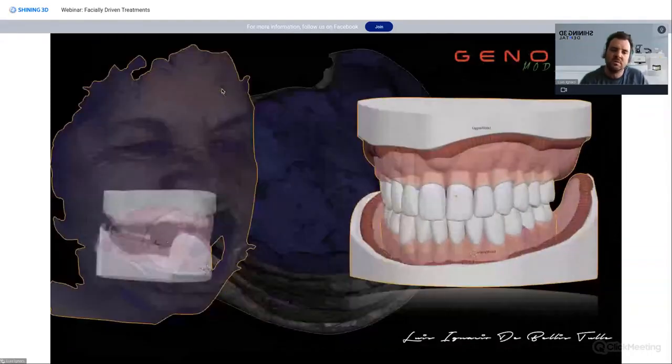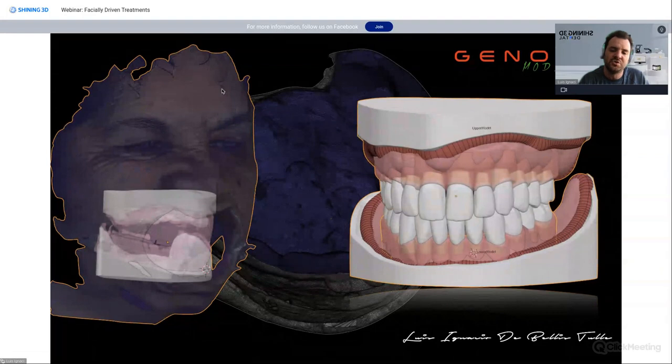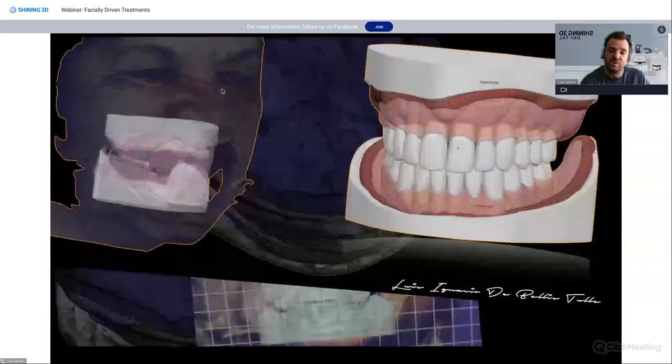For example, here I assume that the practitioner has sent me a nice bite in that bite block, or a nice interrelation. And inside the dental practice, they have taken some parameters in that wax rim, so that I can then make my teeth setup in the correct position.